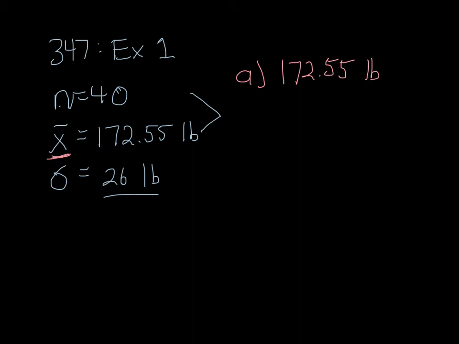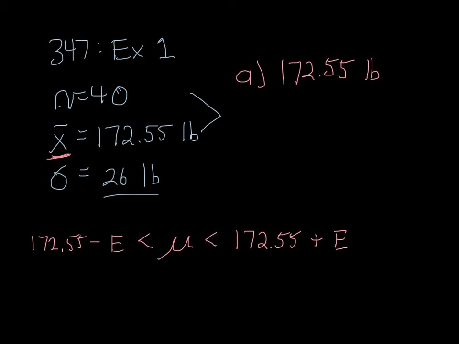B says to construct a 95% confidence interval of the mean weight of all men. And here's where we're going to have to use our formula. Okay, so part B says let's come up with a confidence interval. So the confidence interval, the actual population mean, is going to be somewhere between our sample mean plus a margin of error and our sample mean minus a margin of error.